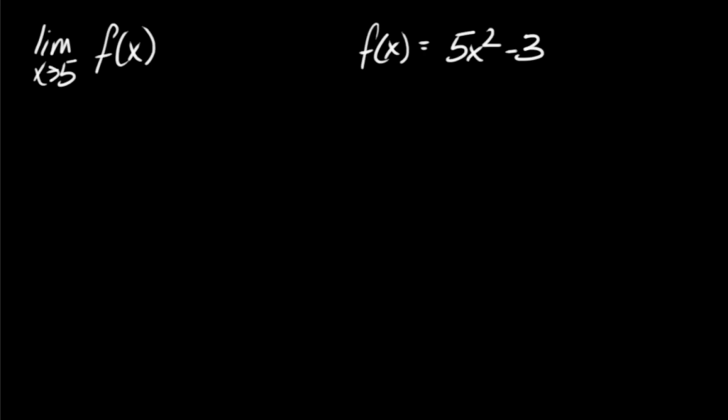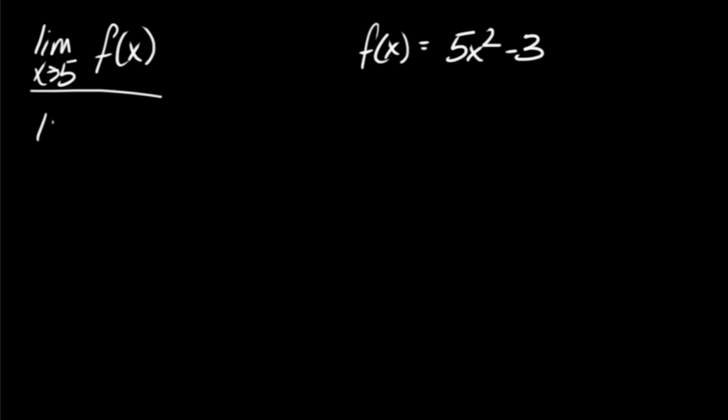What we're going to do here is use basic substitution. And there's one key point that we always need to remember: we always have to remember to write the limit until you substitute it in.